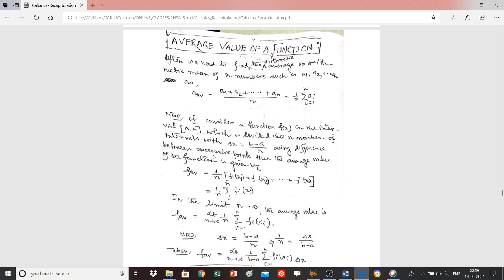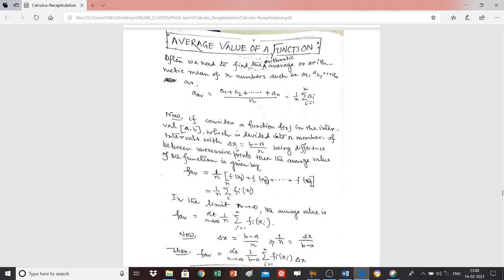Since you have divided the interval [a, b] into n intervals, the values of x in those intervals are x1, x2, and so on up to xn, and the difference between x1 and x2 is delta x.